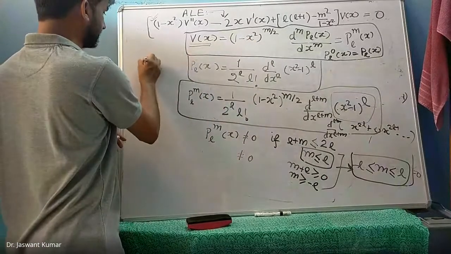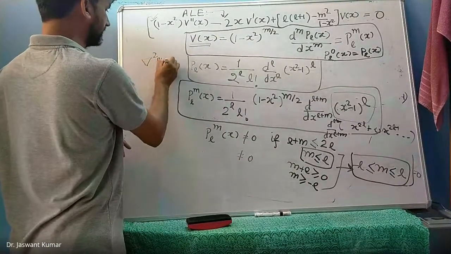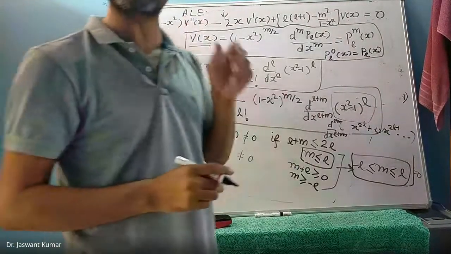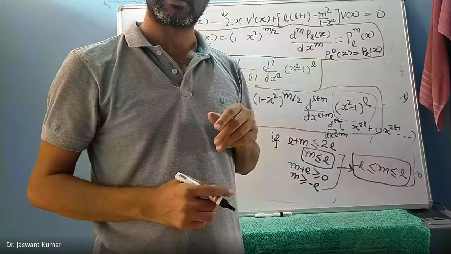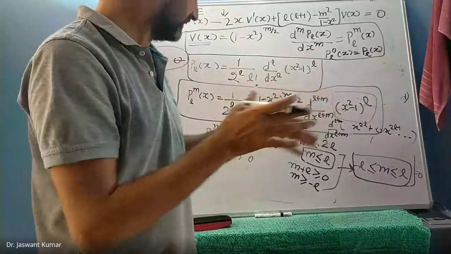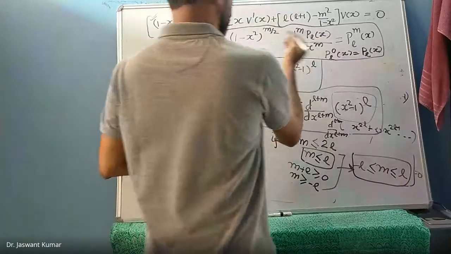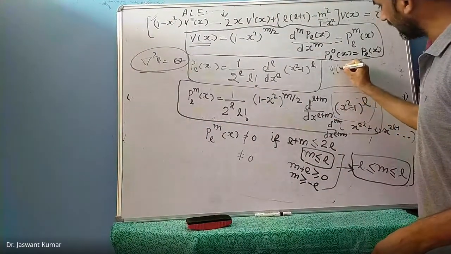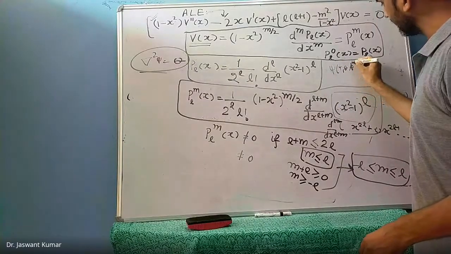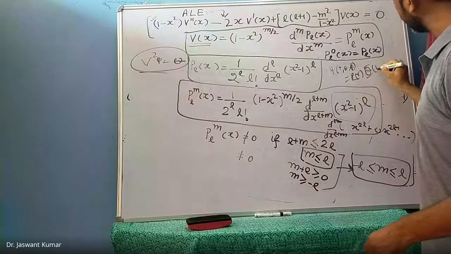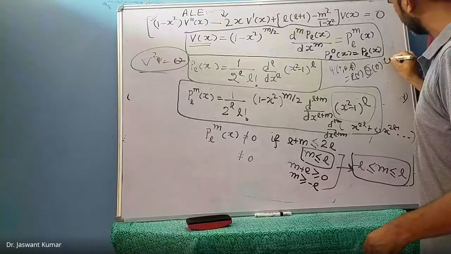What is this equation? Del square psi is equal to K square psi, the Helmholtz equation. In the Helmholtz equation, we have written this psi of r, theta, phi as capital R of small r, capital theta of small theta, capital phi of small phi.